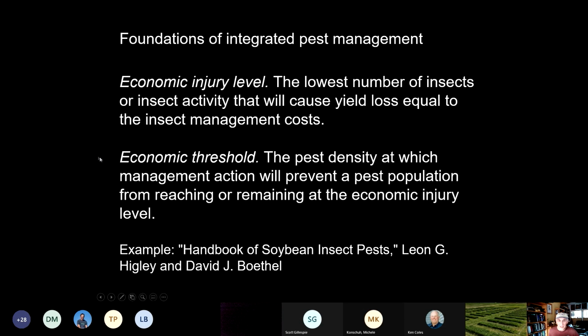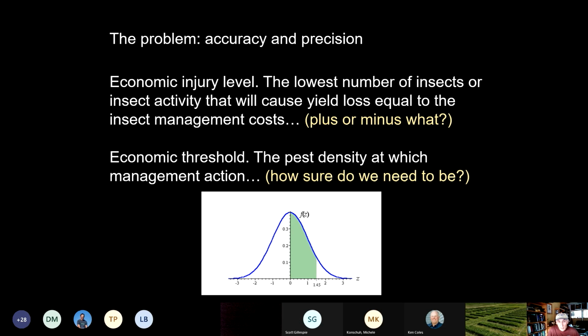There's a problem though, of course, and that is these are not single numbers, they're ranges. And we can only talk about this problem with respect to both precision and accuracy, and that's why I put them in the title. So the economic injury level is plus or minus what, and under what conditions, and how warm, and what part of the year, and how will the crop respond, all these questions.